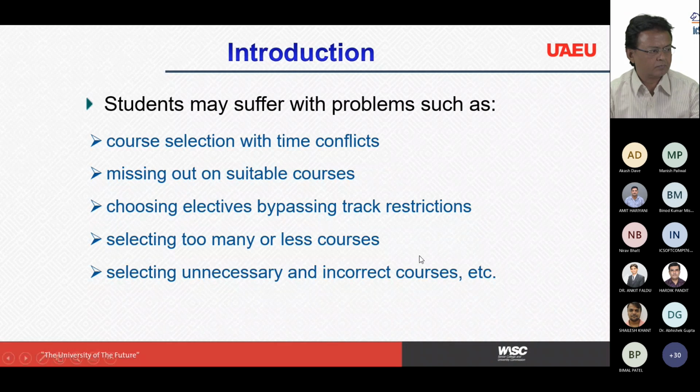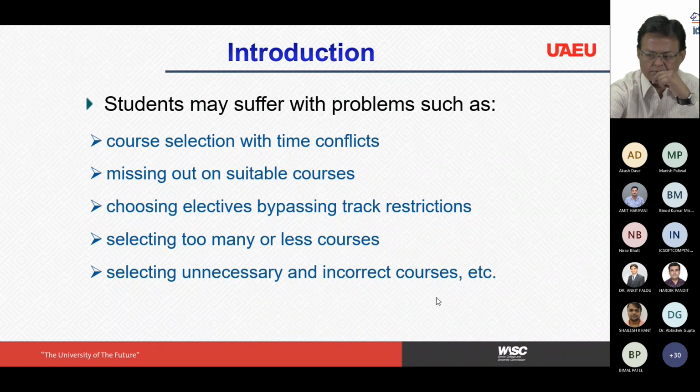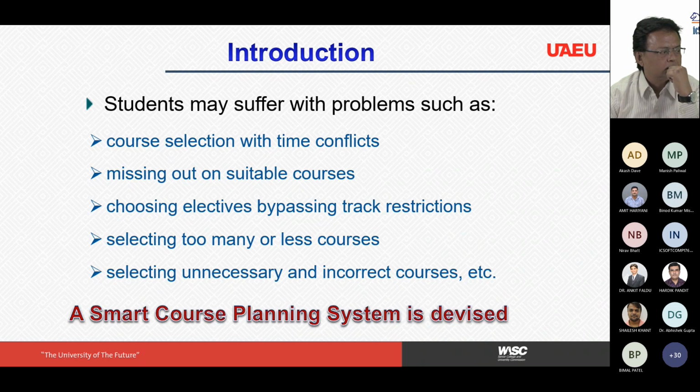Then there is selecting too many or too few courses. Selecting too few courses will delay the degree, and too many courses will affect their GPAs if they don't do well in all the courses. And again, selecting unnecessary or incorrect courses, such as general education courses, means they don't benefit from them. For all of this, the smart course planning system is devised.